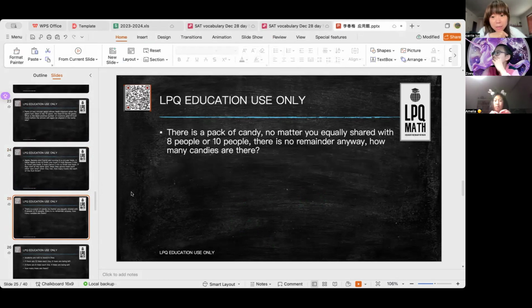There's a pack of candy. No matter whether you share it equally among 8 people or 10 people, there's no remainder. How many candies are there?